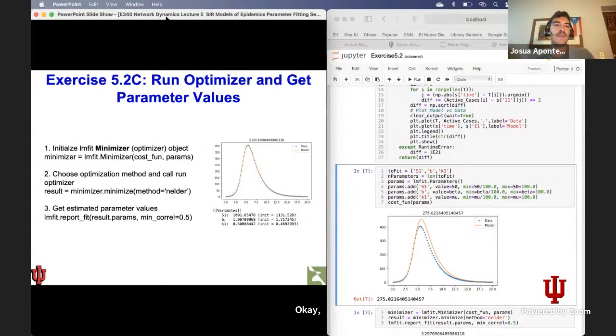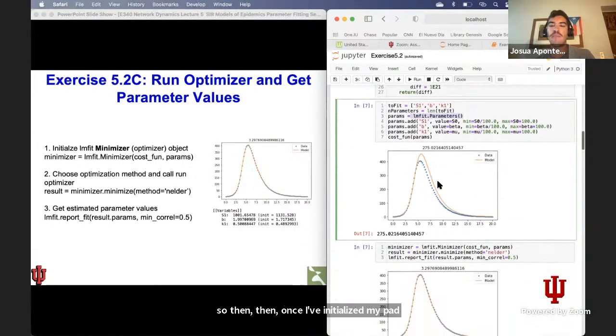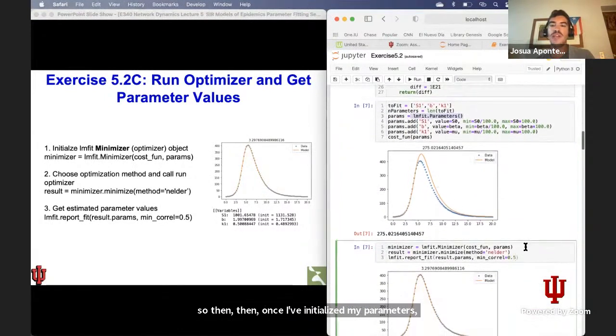So once I've initialized my parameters object, the next step is to initialize the minimizer. Again, optimizer, minimizer, we can use them interchangeably here.